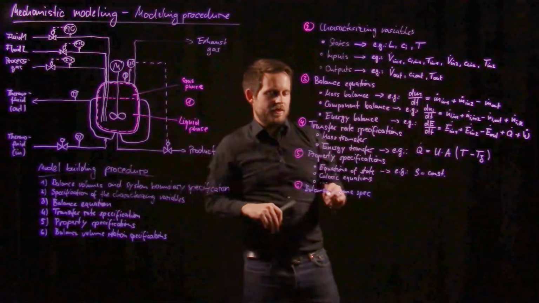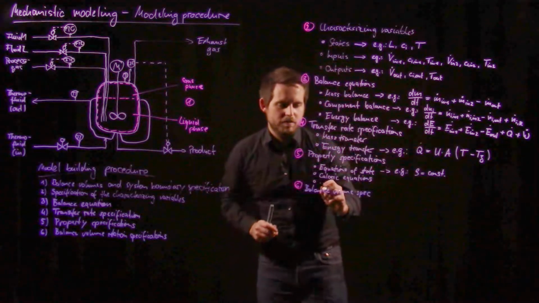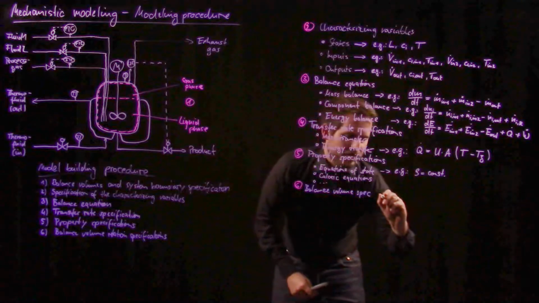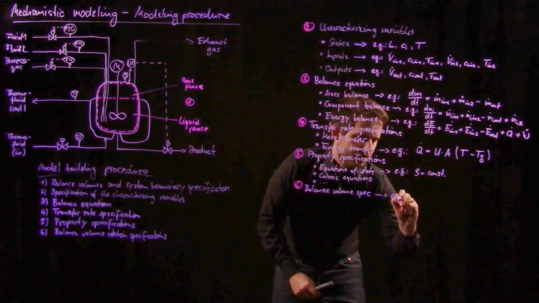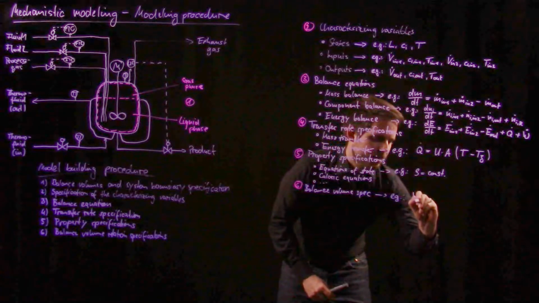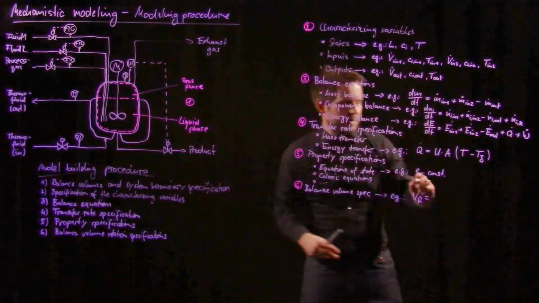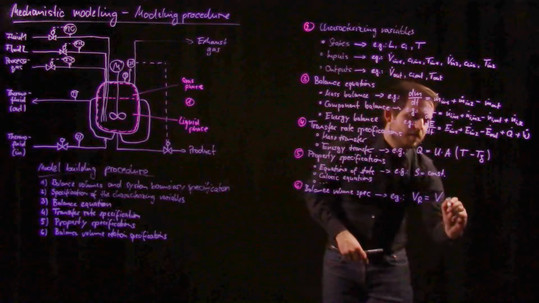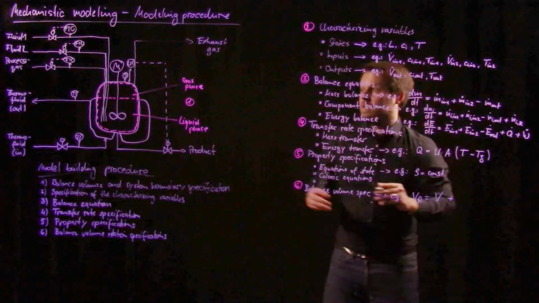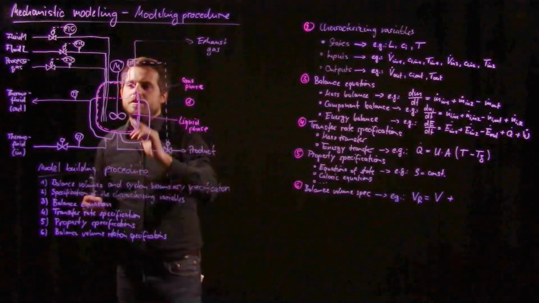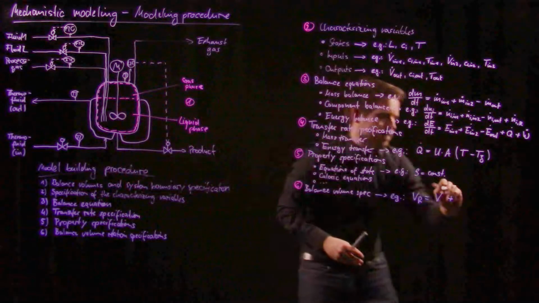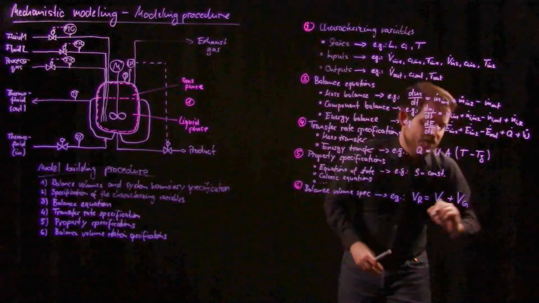So we could say like the overall V, e.g. overall V of the reactor relates to the V of the liquid phase without an indication, and we have the gas volume, we can say is V_g.